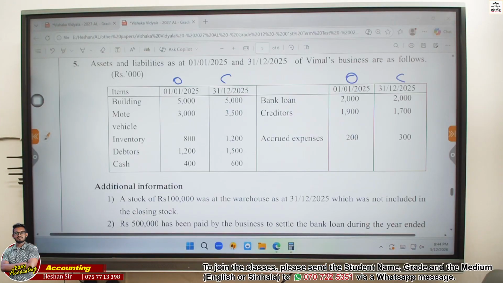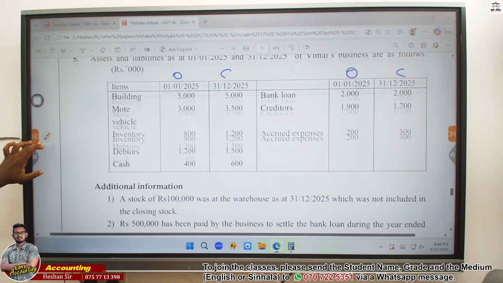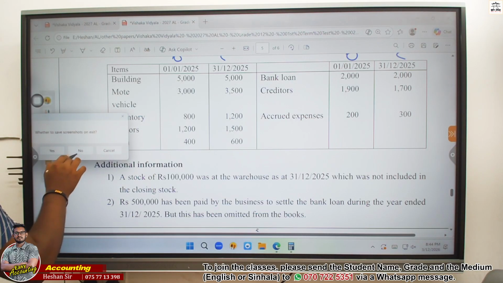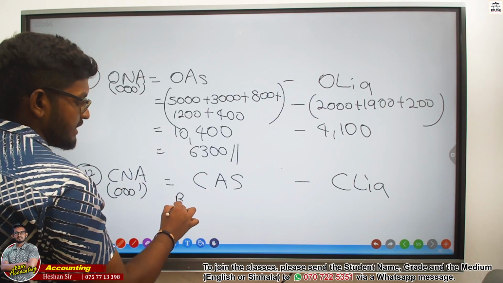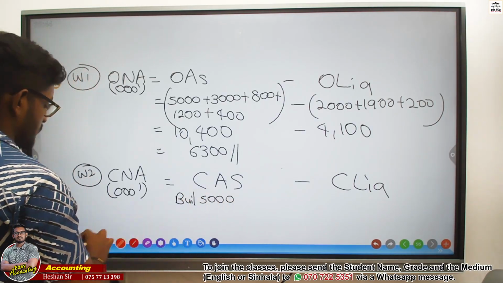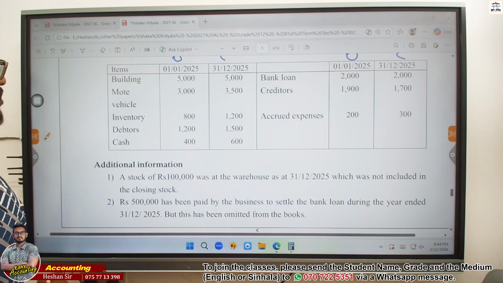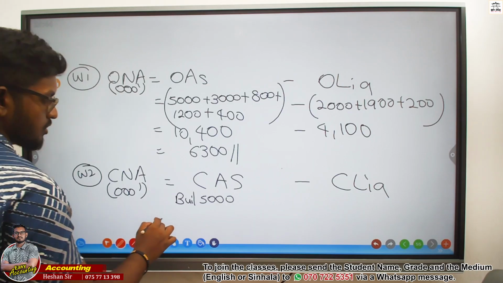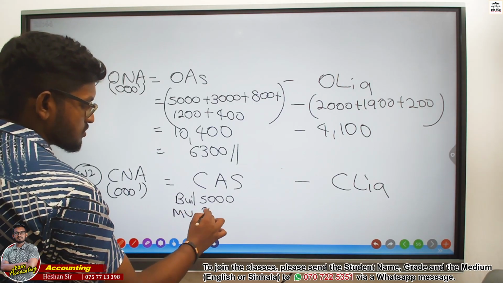Now, there are some adjustments to be made, so I'm going to write it separately. Building 5,000. Motor vehicle 3,500, closing motor vehicle 3,500.